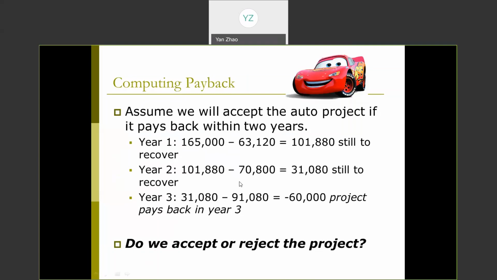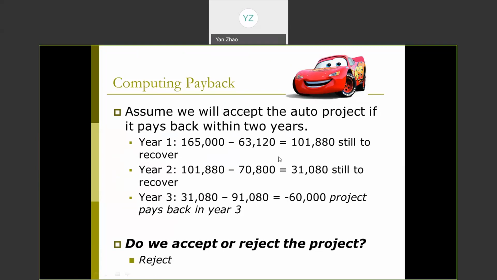In the second year, $70,000 is the cash flow in year 2. So the remaining amount minus the second year's cash flow, you still have $31,000 to recover. Only until year 3, with $91,000 cash flow in year 3, you finally recover your initial investment with a profit of $60,000. But shall we accept or reject the project according to the payback rule?